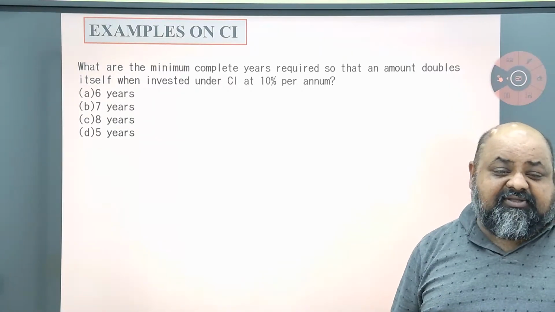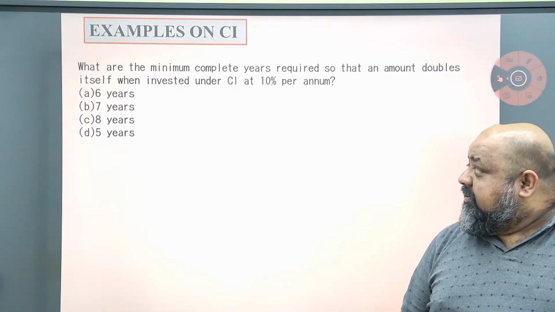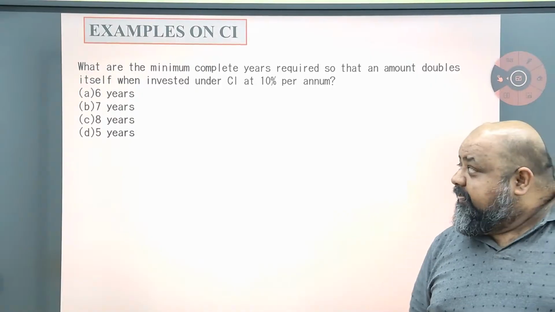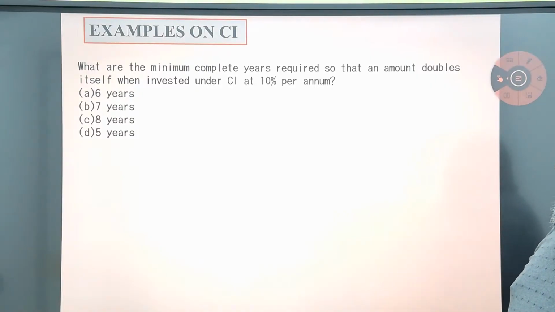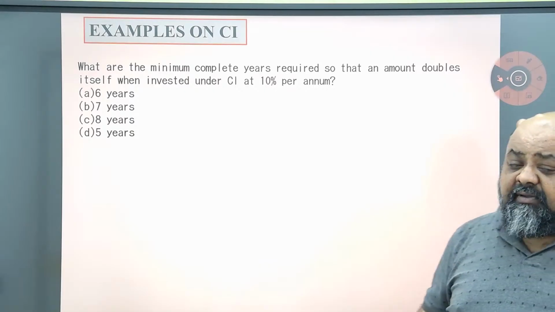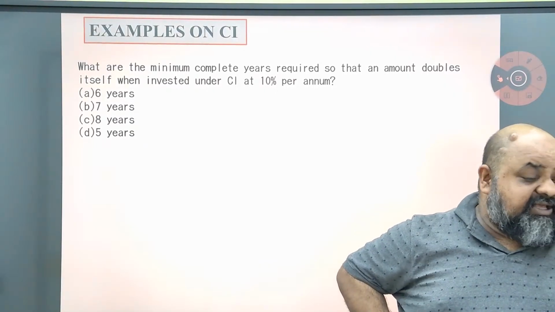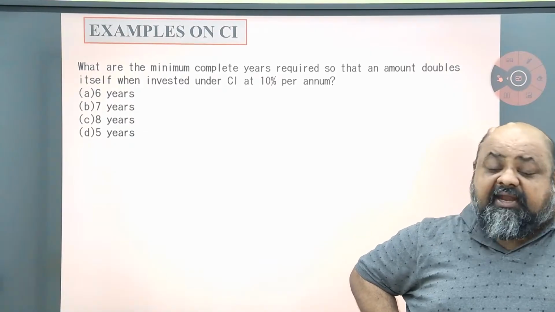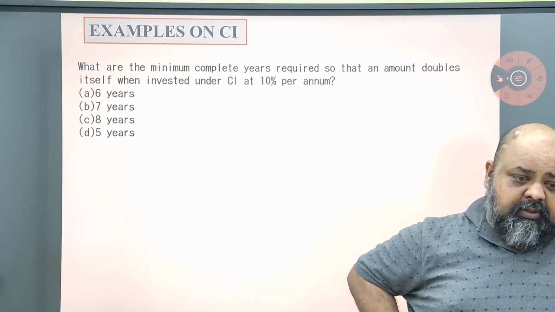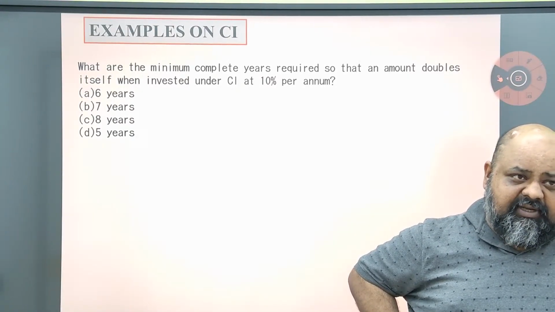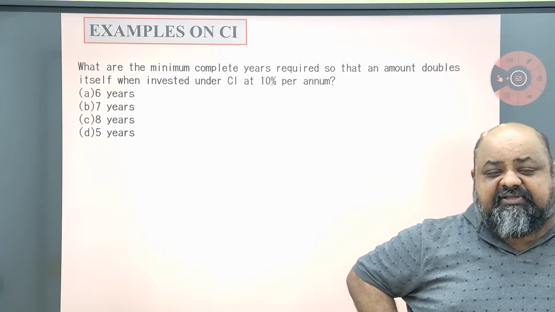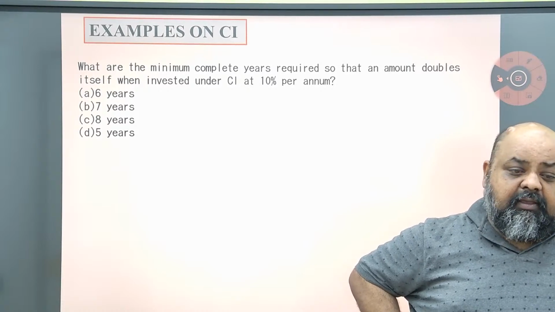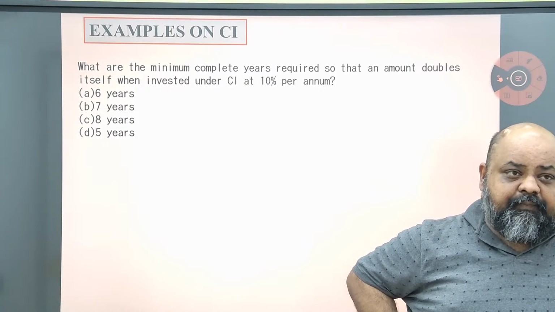Look at this question. This is something that you might actually end up using in life. It says, what are the minimum complete years required so that an amount doubles itself when invested under CI at 10% per annum? So there is a sum of money that has been invested under CI at 10% per annum.